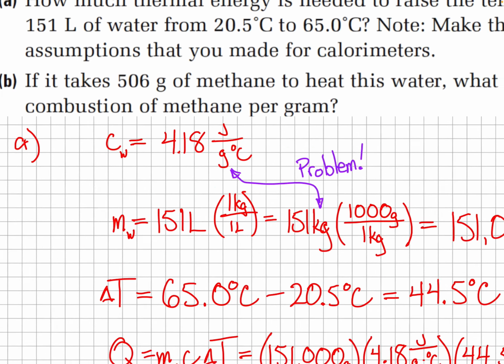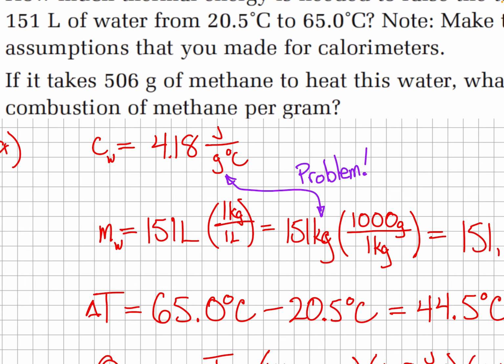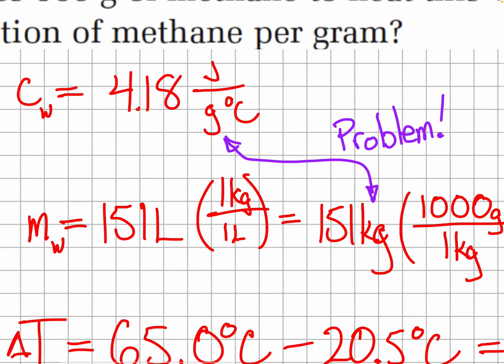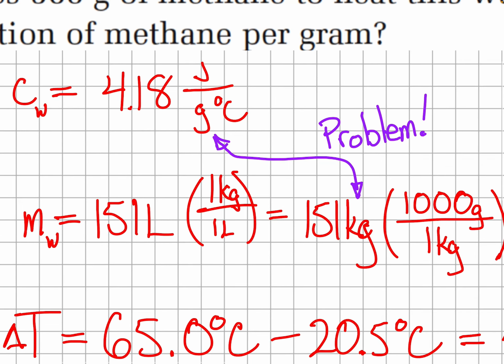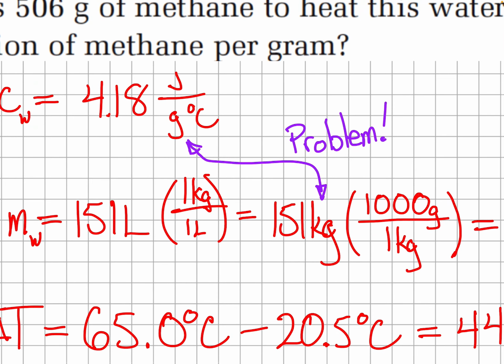First, we define our variables, and we know that the specific heat capacity of water is 4.18 joules per gram per degree Celsius. Our mass of water is given by 151 liters times 1 kilogram divided by 1 liter. So there's our conversion factor, and you will recall that from earlier topics.